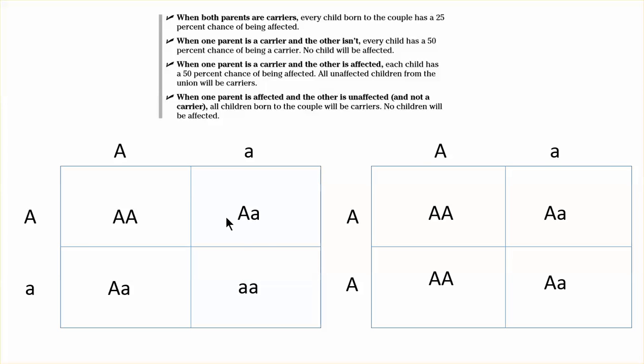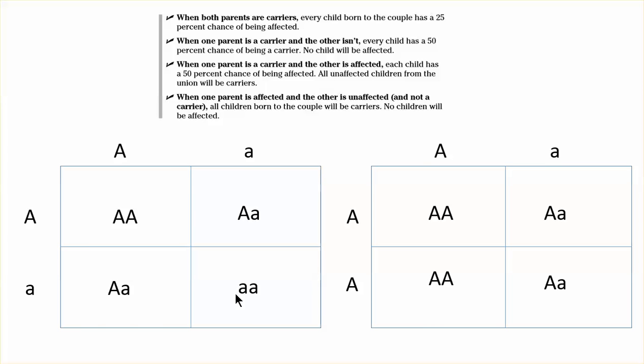Now, one of the common mistakes students make in talking about this is saying, well, okay, if 4 children are born to a couple, then one of them has to be affected. No, it's flipping the coin each time basically, so it's a unique event. So this couple could have two consecutive children that are born that are affected, but the odds of that would be 1/4 times 1/4, using the and rule, or 1/16.